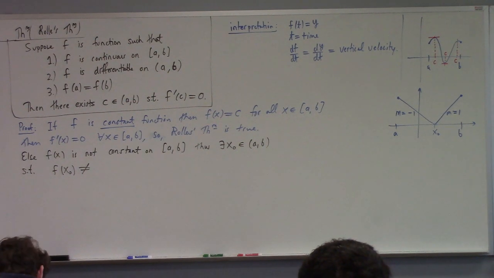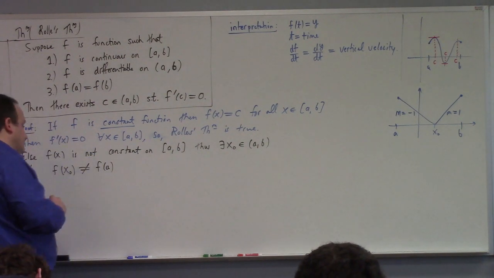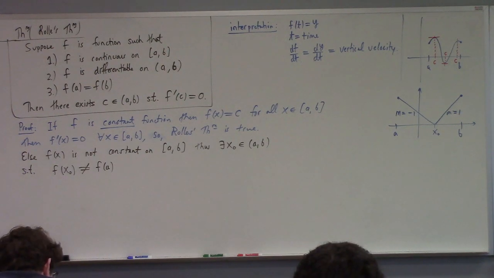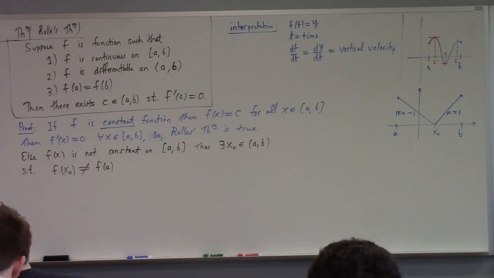You could say a lot of different things, but for the sake of picking on something, we're going to pick on a: f of x naught is not equal to f of a. Does that make sense? If it's not constant, there has to be some point where the value of the function does not match the value at a.